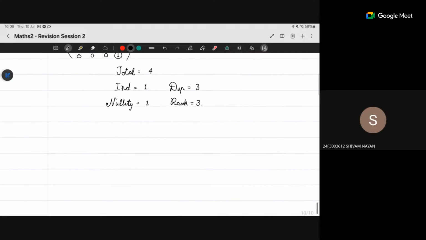In general, you have rank A plus nullity A is equal to the number of columns.